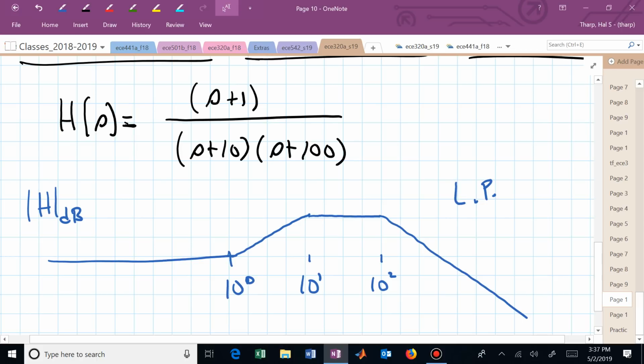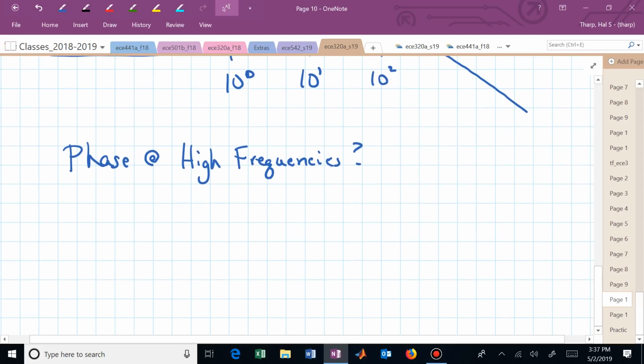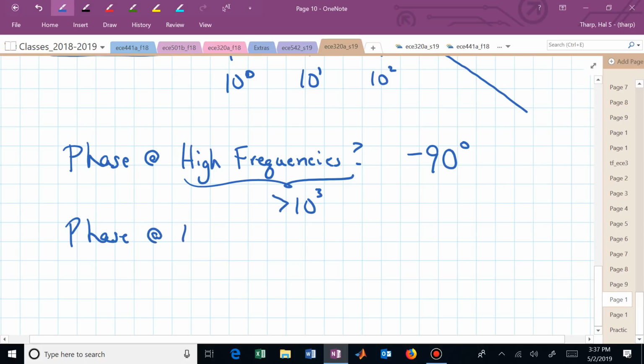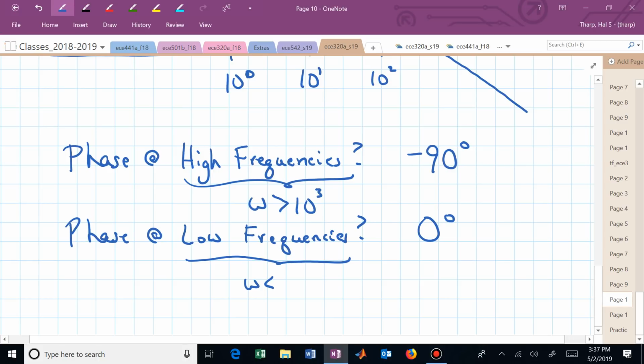So at high frequencies, we net look like 1 pole. So your phase at high frequency would be minus 90 degrees. High frequency we said was greater than 1,000. Your phase at low frequency is 0 degrees, and we said low frequency was when omega was less than 0.1.